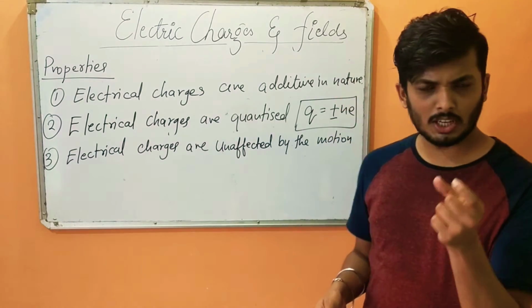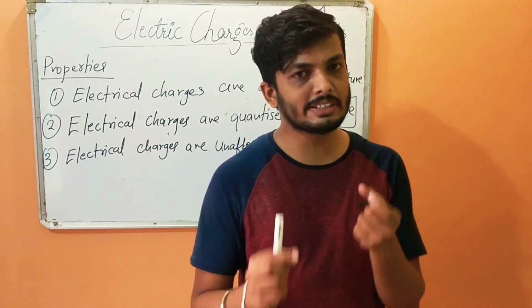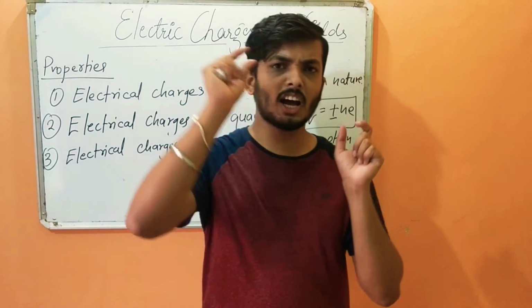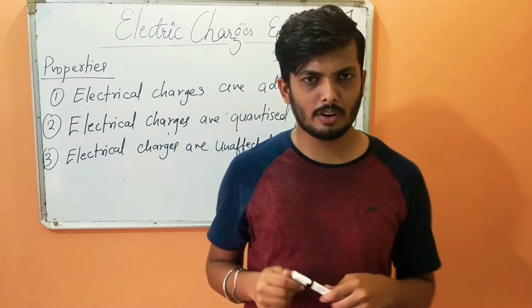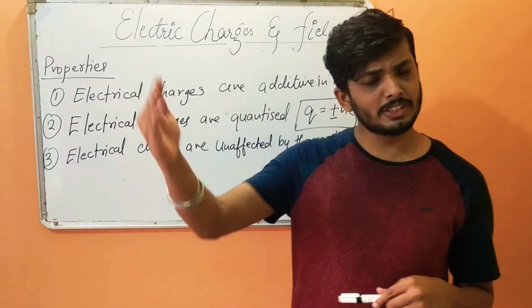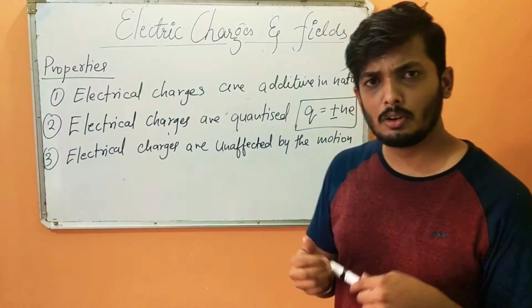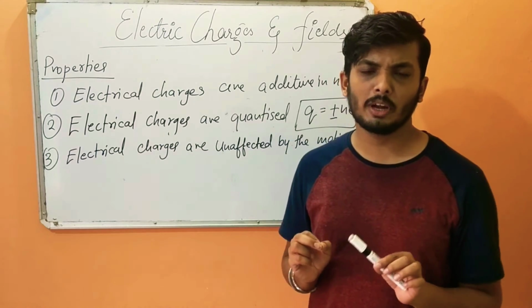So if I take one charge, the minimum smallest possible charge, 1.6 into 10 to the power minus 19 coulomb, and give it some certain acceleration, it will move with a certain velocity, right? And it travels a certain distance. But when it completes its journey, what am I going to get in terms of charge? Again the same 1.6 into 10 to the power minus 19 coulomb.